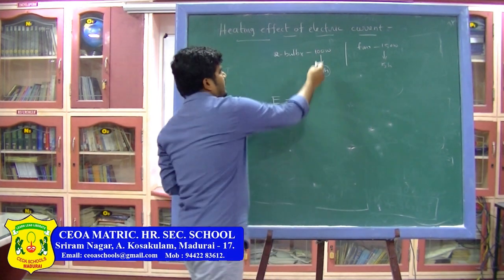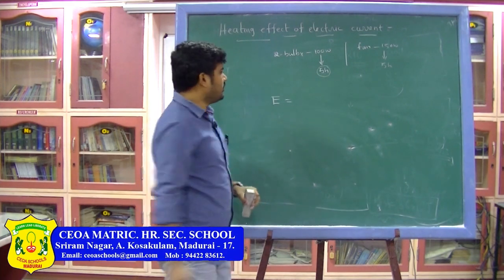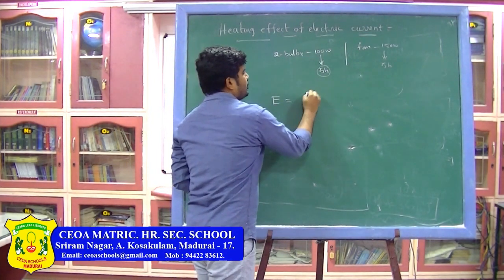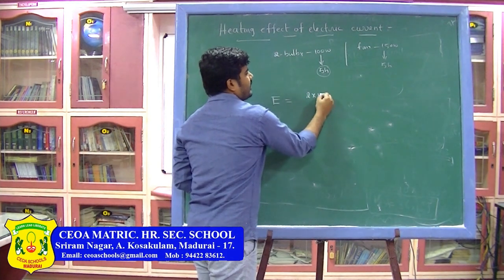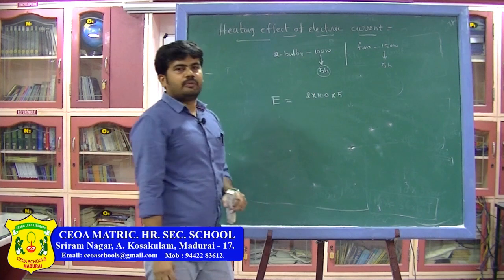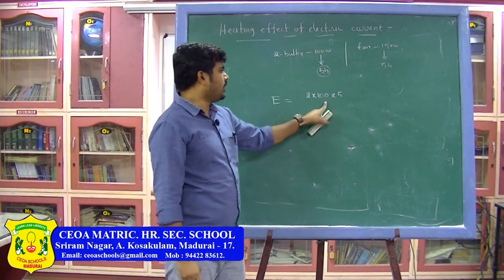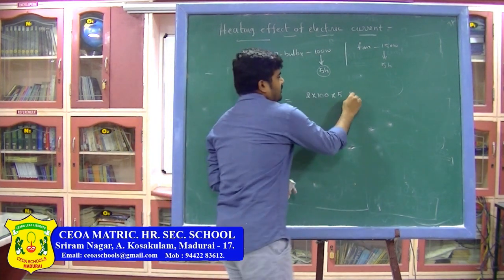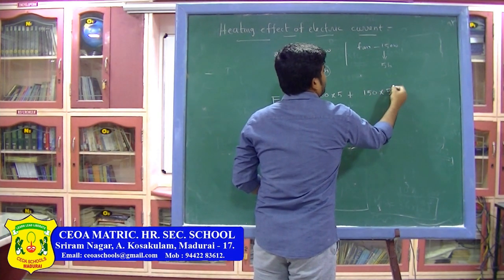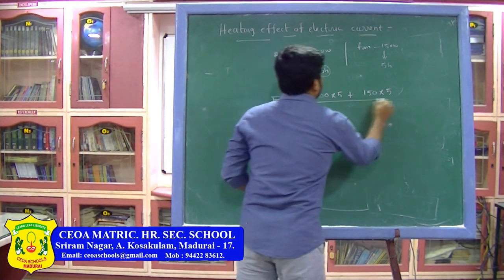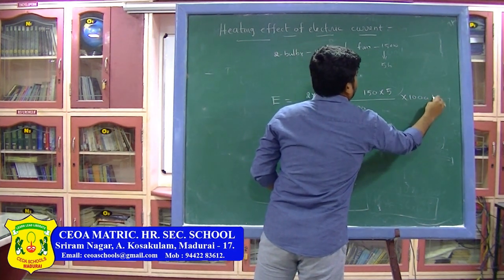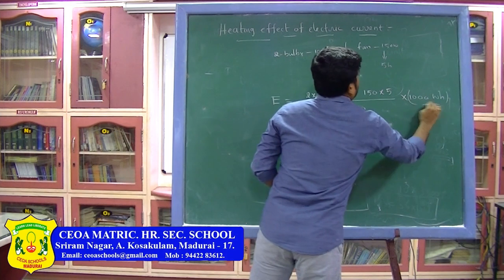W1, the wattage of the bulb, is 100. There are 2 bulbs, so 2 into 100 into the number of hours, 5, plus one fan whose wattage is 150 into number of hours 5. Now dividing by 1000 and multiplying by 1000, you will get the kilowatt hours.